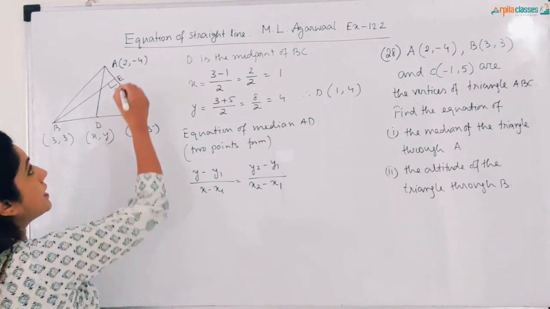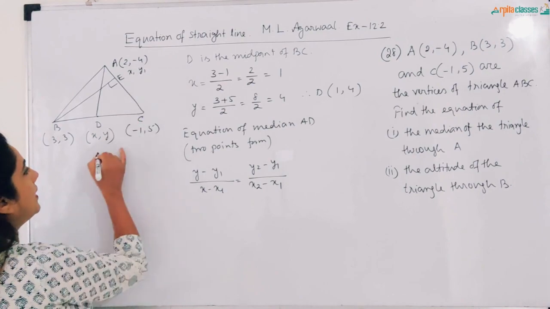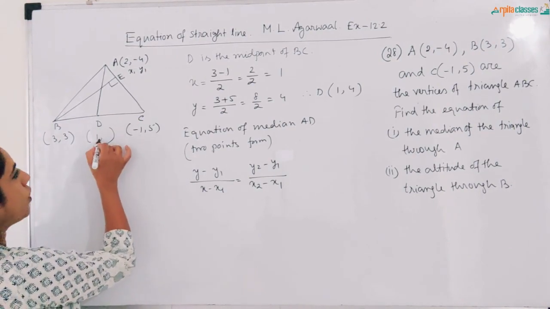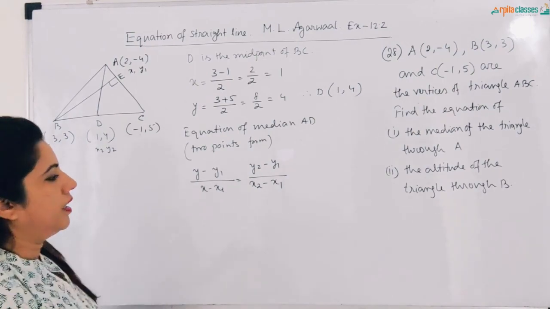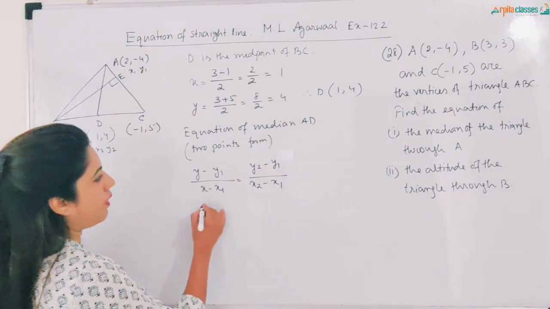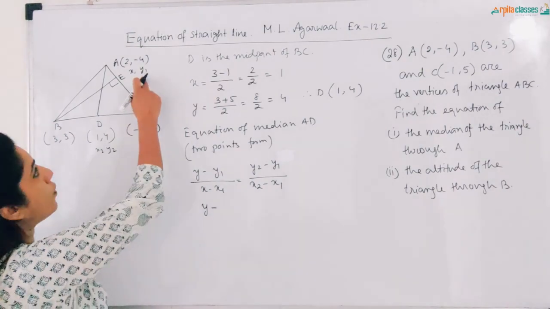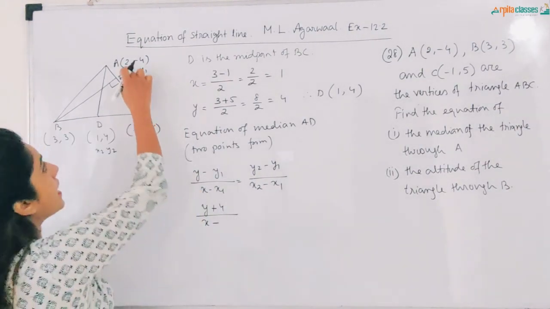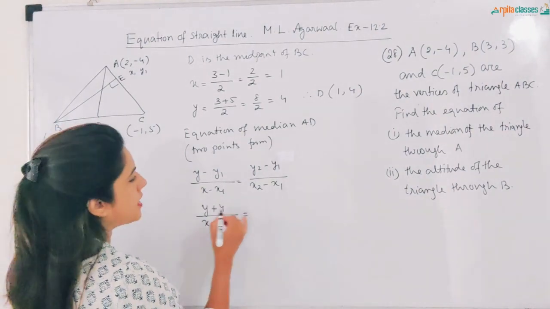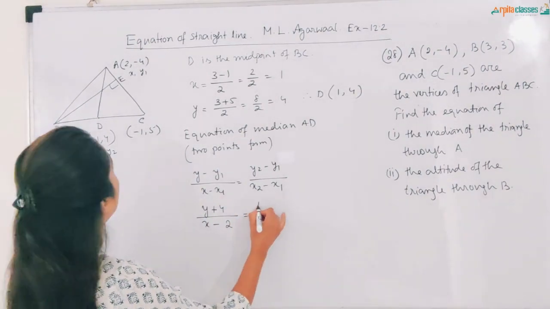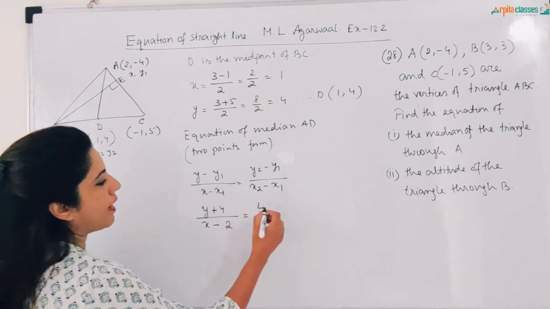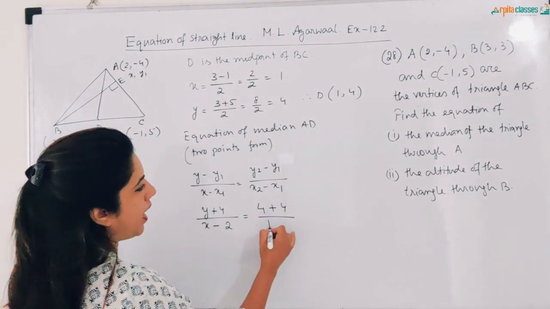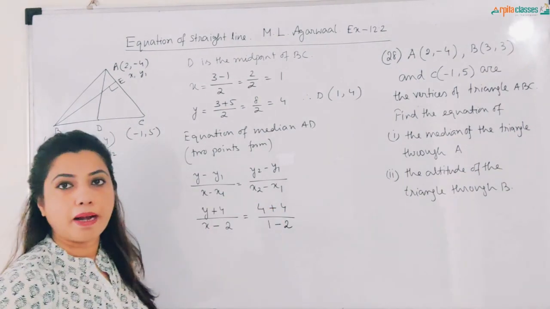Now let us consider this as x1, y1 and this as x2, y2, where D is (1, 4). Okay, so y minus y1 is y minus minus 4, so it will become y plus 4, and x minus x1 is x minus 2, is equal to y2 minus y1, that is 4 plus 4, divided by x2 minus x1, that is 1 minus 2.